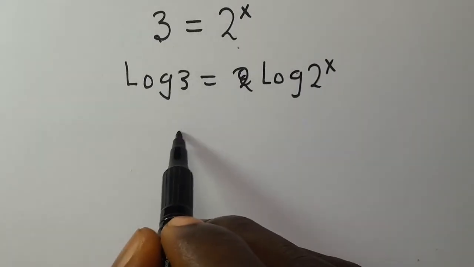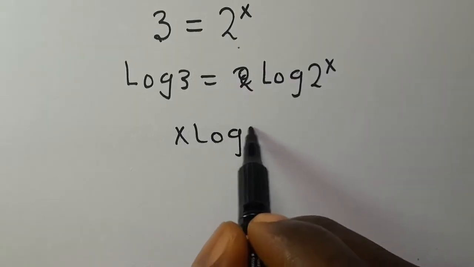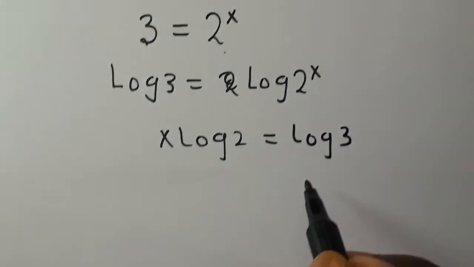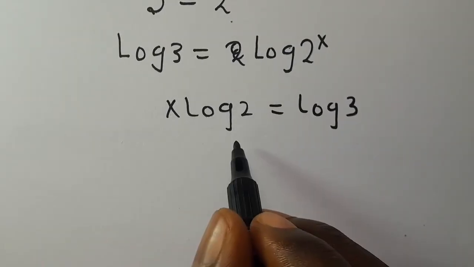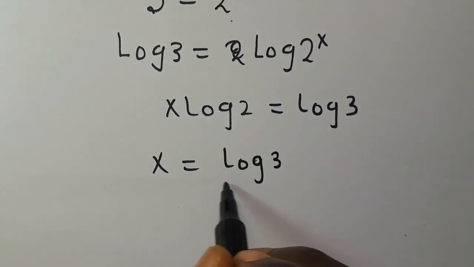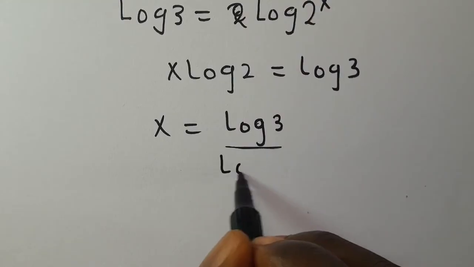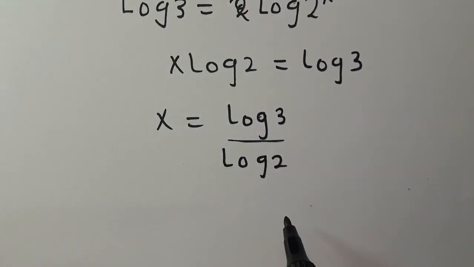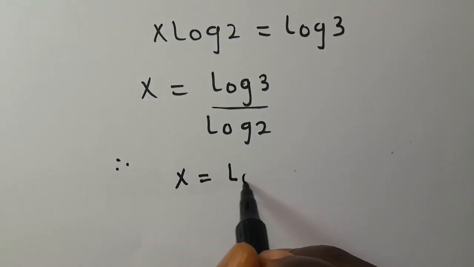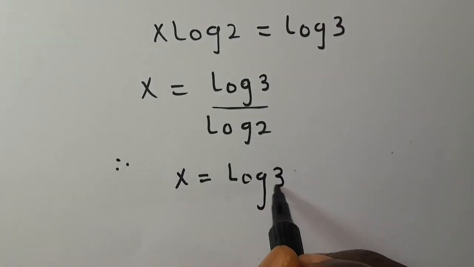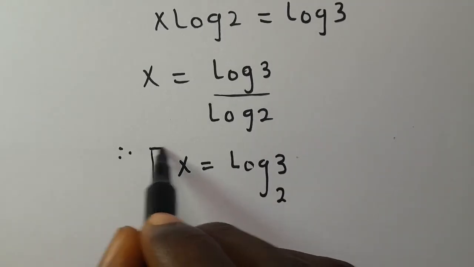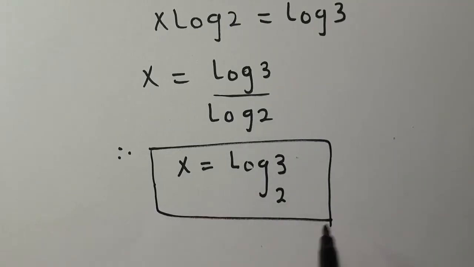Now, from here we have x log 2 equals log 3. So therefore, by dividing through by log 2, this implies we have x equal to log 3 divided by log 2. So finally, we have x as log of 3 in base 2. So this is the final answer for the problem.